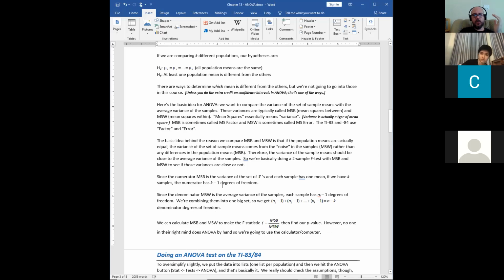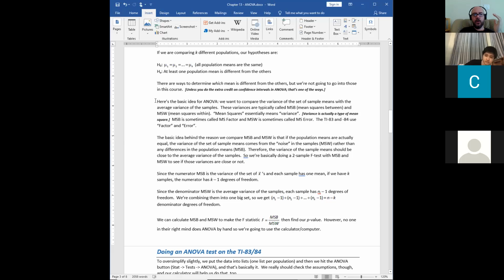So that's what this is saying right here. Now, they're sometimes called factor and error. When you do it in your calculator, you're going to see factor and error and not between and within, but they're just different names for the same thing.